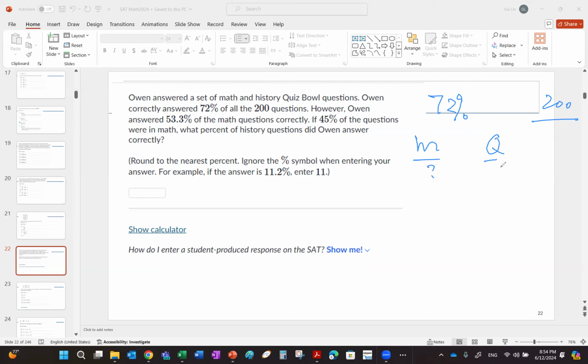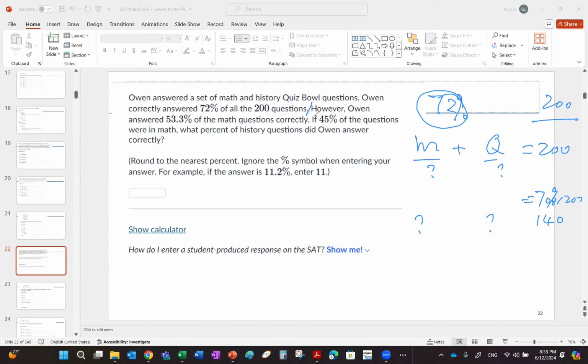So we don't know how many questions are from each, but overall, suppose math has M questions, the quiz has Q questions, totally 200. And 72% is correct. So how many correct totally? 140 is correct, right? So we don't know how much math is correct, how much quiz is correct, right?